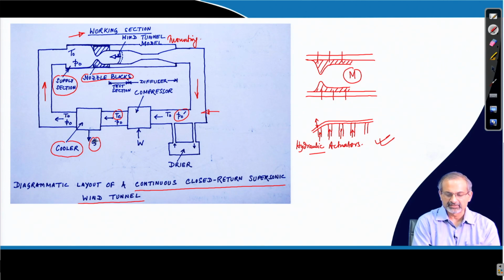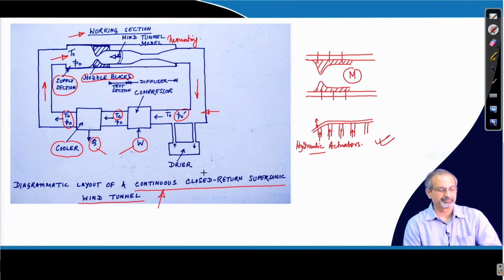Therefore, you have to have a heat rejection here. So, work done here and heat rejection here. Finally, to restore the gas back to its original thermodynamic state, which you need to feed over here, and that has to be done on a continuous basis, because it is not an intermittent blow down. You have a continuous closed return supersonic wind tunnel.